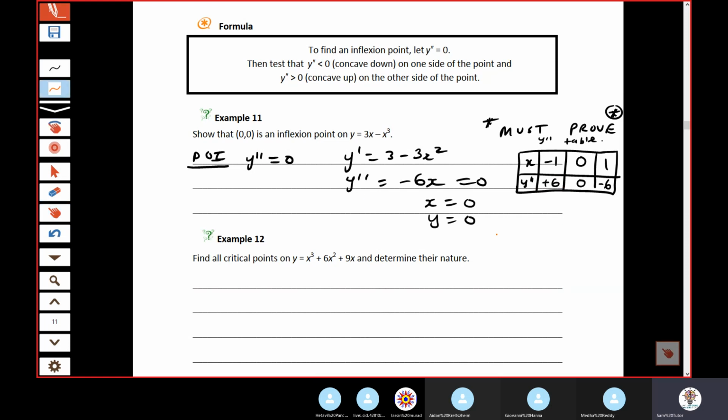So now the statement you're just going to write is: since change in concavity, so that means concave up, concave down, (0, 0) is a point of inflection.